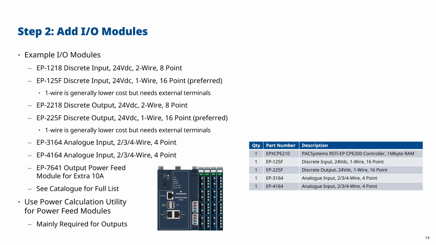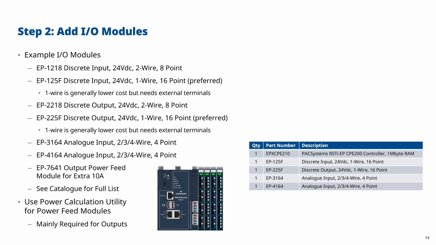So what you would do is add some EP7641 power feed modules, which would give you an extra 10 amps. And if you had 32 amps, you would need 3 of those EP7641s in order to be able to control your 32 amps, because you'd have 40 amps in total, including the CPU.